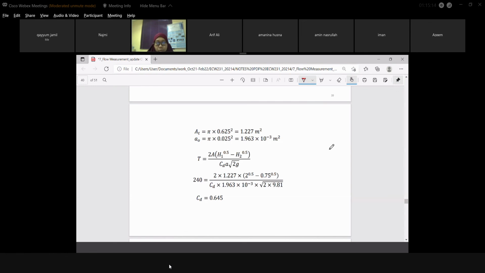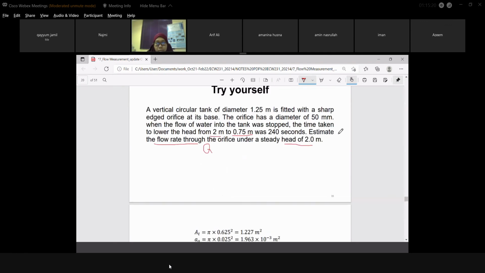The formula is the same. This is pi r squared. It uses pi r squared here, even though the diameter is given. So basically we use it directly from here, just without dividing by 2.